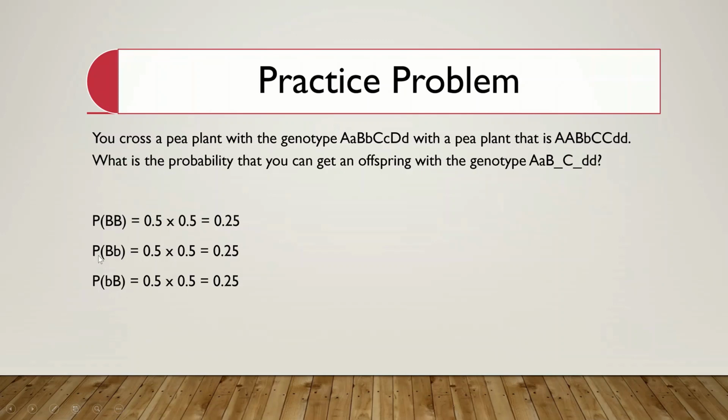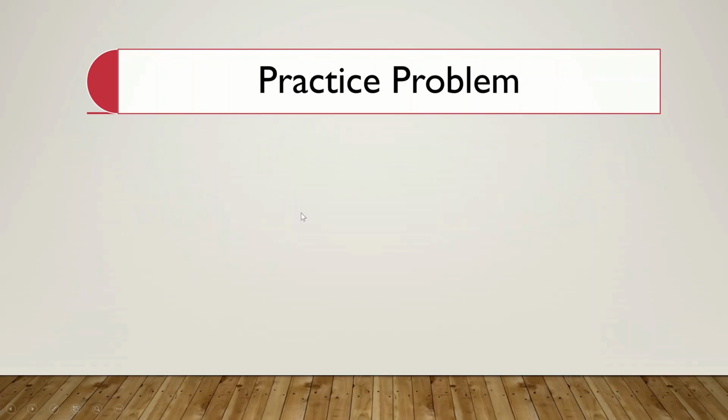And since we said we can't have all these genotypes at the same time, we're going to be adding them because you could have big B, big B, or big B, little b, or little b, big B. And that gives us the total probability for gene B being a dominant phenotype as 0.75.